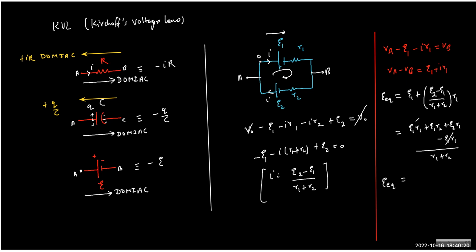You can see this will get cancelled. So it's a very nice answer: E1 R2 plus E2 R1 upon R1 plus R2. This answer is very, very important if you are learning cells and the combination of cells in parallel. This formula you must remember.